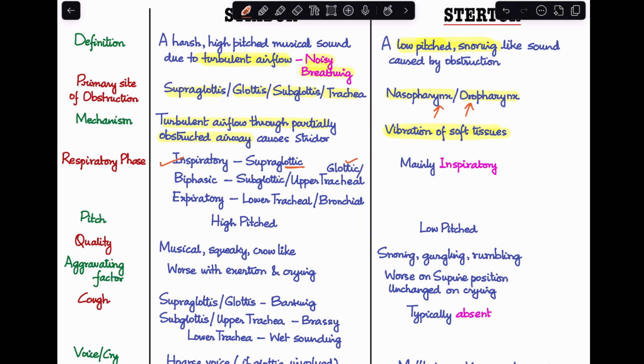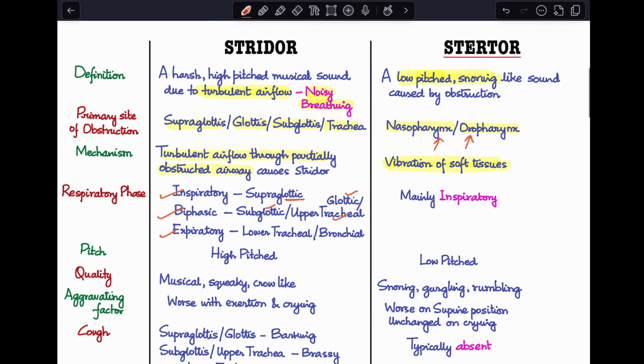If there is a glottic or a subglottic or an upper tracheal obstruction, in that case, we'll see a biphasic stridor. Whereas if there is a lower tracheal and bronchial obstruction, it will cause an expiratory stridor. When you come to stertor, however, stertor is mainly inspiratory. So you can see there is so much of a difference between both of them.